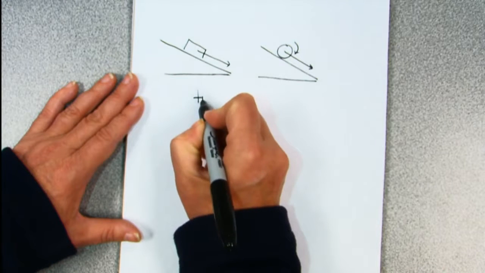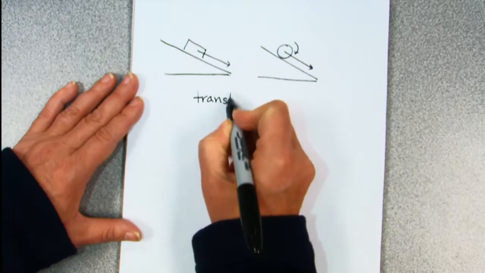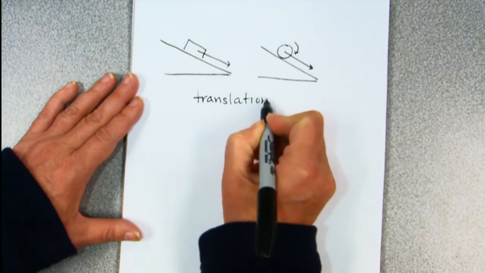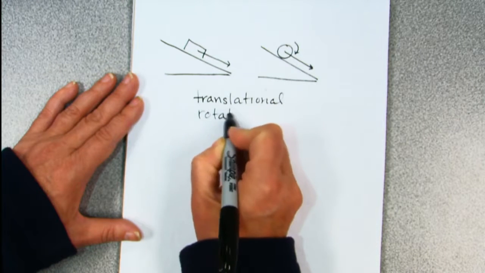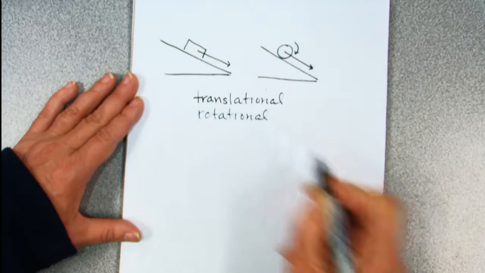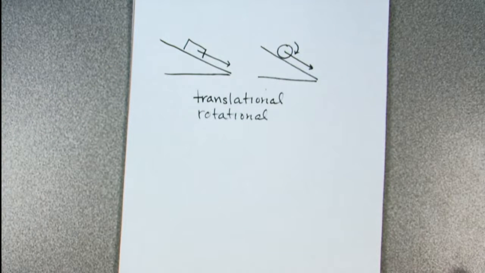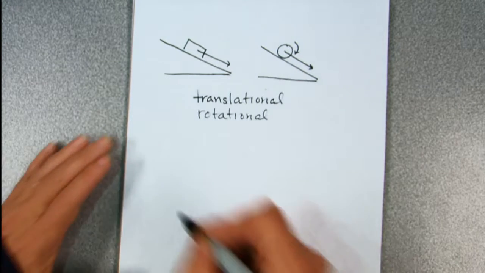So we have two types of motion: one's called translational, and one's called rotational. And in that rotational motion, things start getting a little more complicated. But we can do the same types of things that we were doing before, just that our type of motion is a little different. We've seen this before.